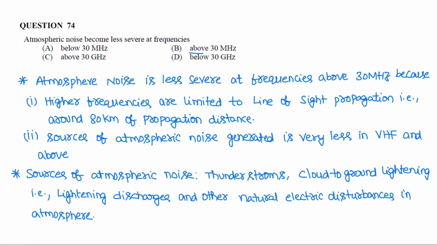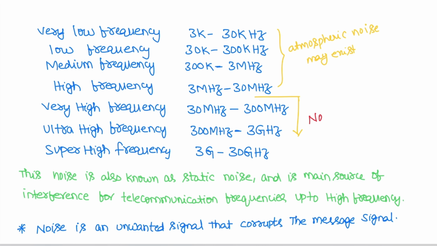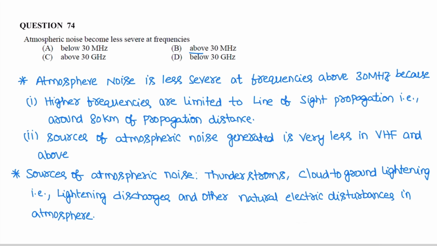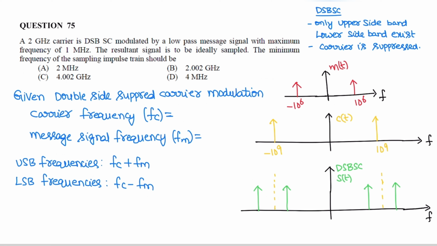There is no atmospheric noise in this frequency range because the propagation of signal is limited to line of sight, and the sources of atmospheric noise in these frequencies are very limited. Correct option is B. Next question.